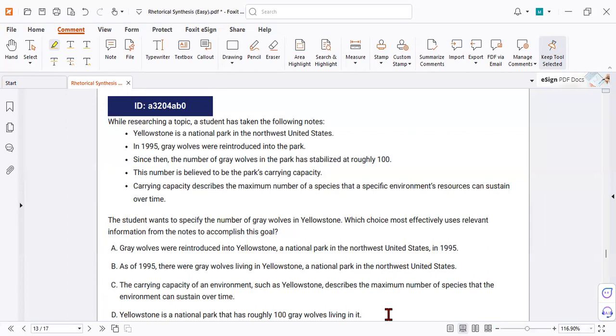D, because it said the number of gray wolves in Yellowstone. It said in D, it has roughly 100 gray wolves living in it. It's either C or D. C or D, sure? Yes.